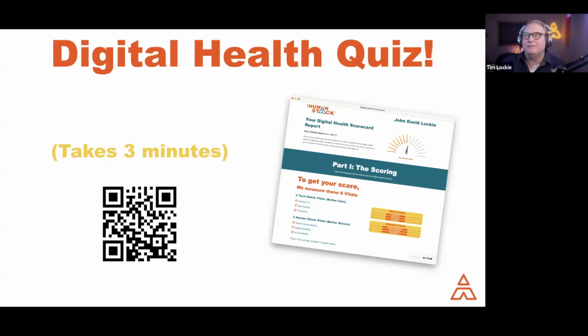The reason for the name is, if the tech stack solves human problems with technology, then the human stack solves technology problems with humans, because for the technologists like us in the world, tech is the solution. But for everybody else, like 97% of the rest of the world, tech is the problem. And so we need to actually start addressing how we use tech, that's a problem for a lot of organizations. So I called it the human stack.